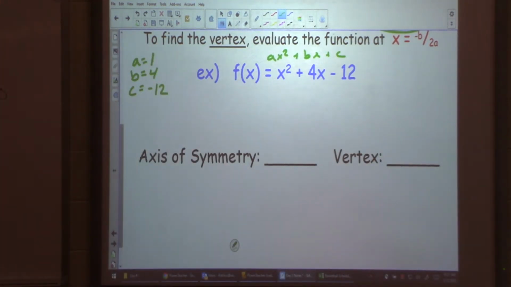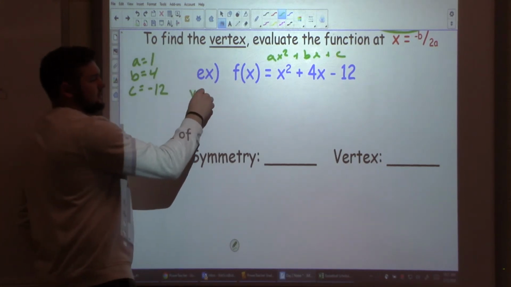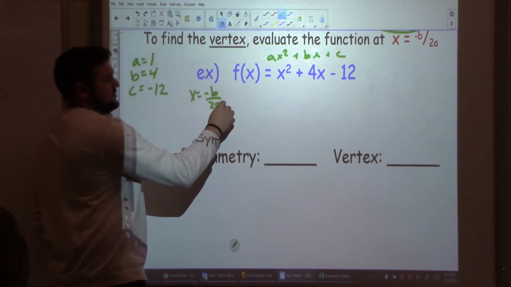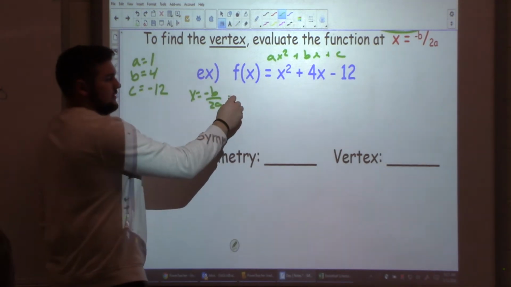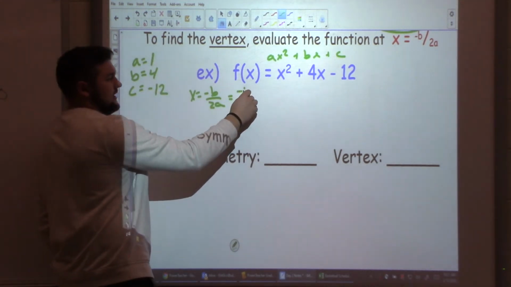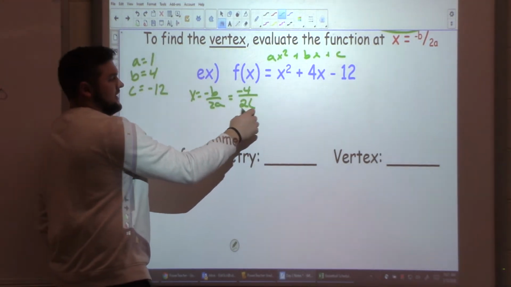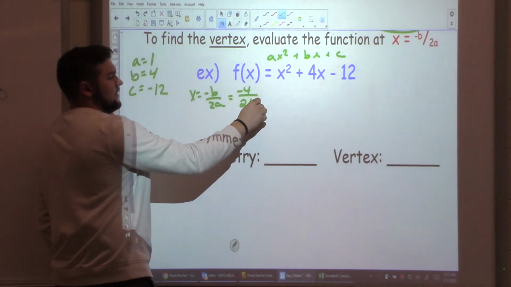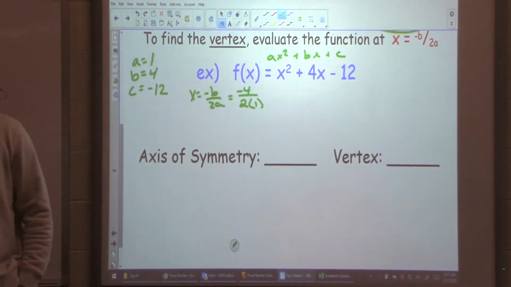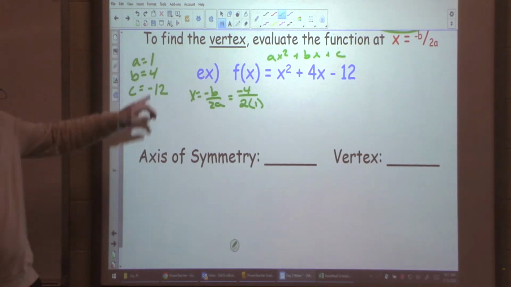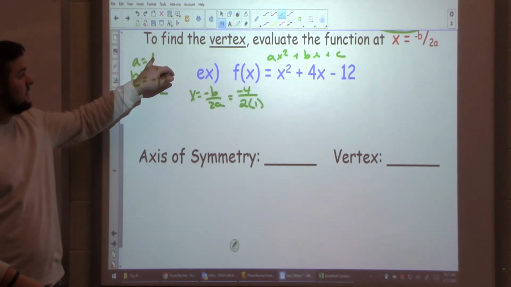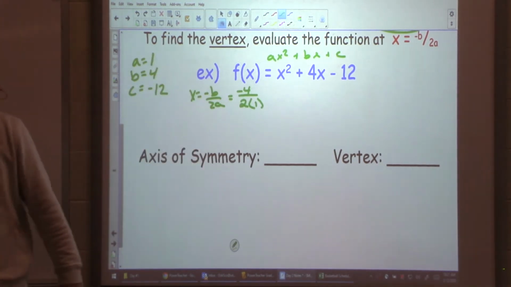So if I want to find my axis of symmetry, I'm going to do x equals negative b over 2a. I said my b value was 4, so negative 4 over 2 times a, which is 1. All I did is I took b, plugged it in where it said to, a, plugged it in where it said to.